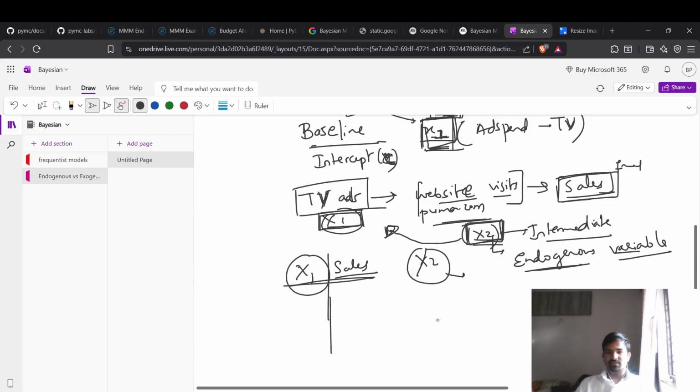Then what is an exogenous variable? An exogenous variable is that particular feature which is an external factor. It's some external force that is acting on your model. For example, weather change. Weather change has nothing to do with your marketing spend.